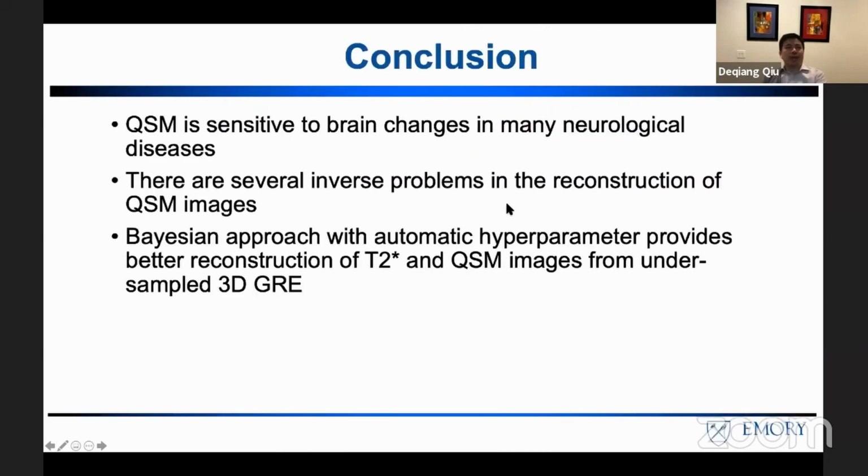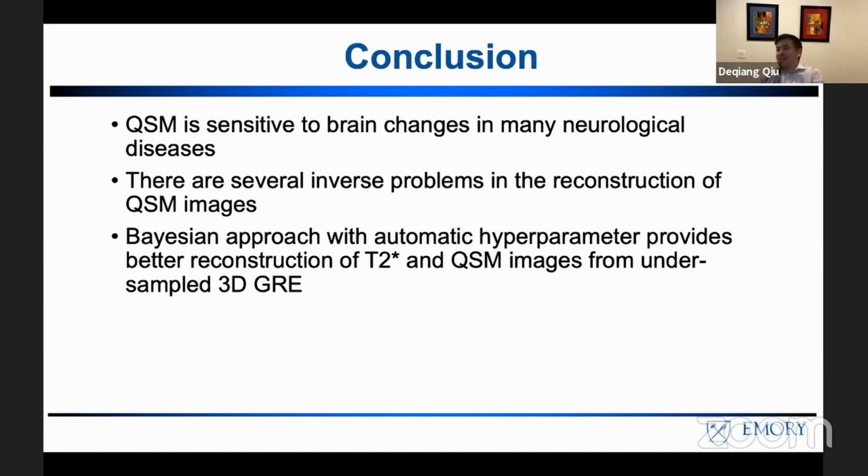So, the conclusion is that QSM is very sensitive to brain changes in many neurological diseases, and there are several inverse problems in the reconstruction of QSM images, all the way from the beginning, reconstructing undersampled data, to the pre-processing background removal and the reconstruction of the QSM images from the background removed image.